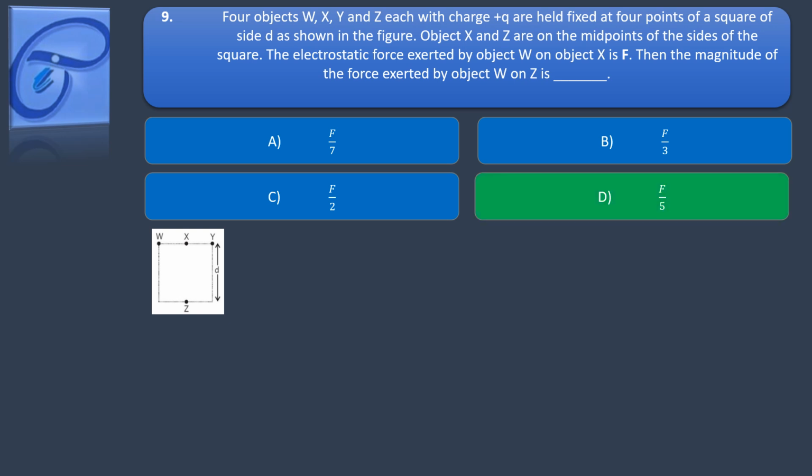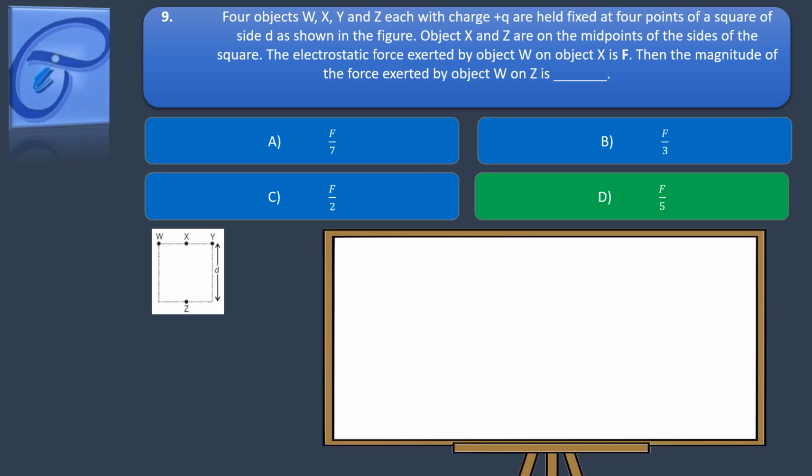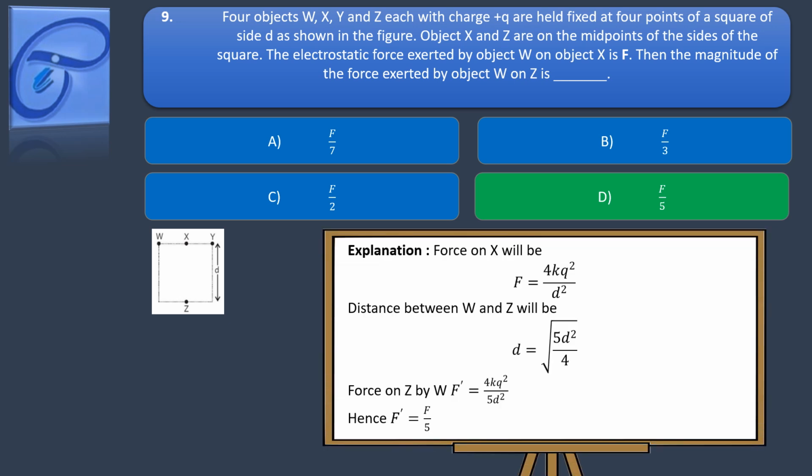The right option is F divided by 5. Force on X, F is equal to 4kq square divided by d square. Now the distance between W and Z, you can make a right angle triangle by drawing WZ. So WZ will be the diagonal.